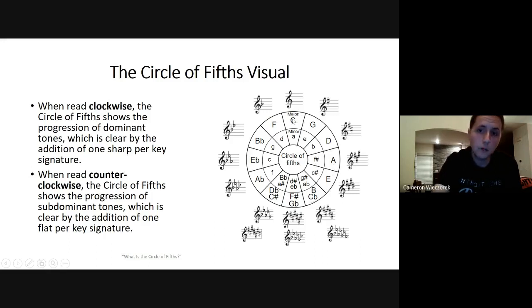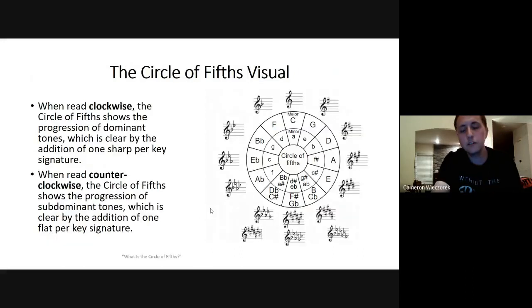But if you go counterclockwise, C to F, we said F is the subdominant to C. Or if you go from F to B flat, you're going down 7 semitones. So that's the subdominant to F. You're gaining flats. So it just depends on which way you read the circle, clockwise or counterclockwise. But it's showing you that progression of sharps and flats based on the key signatures.